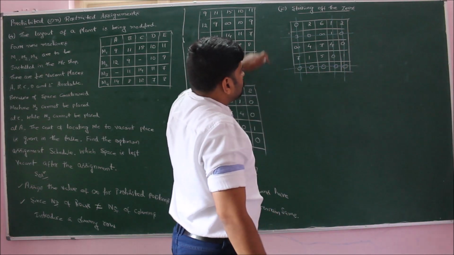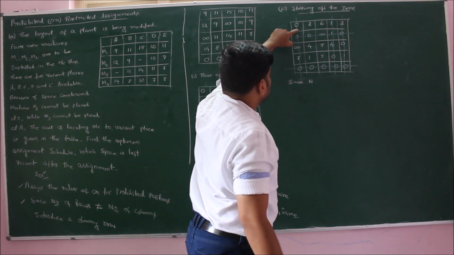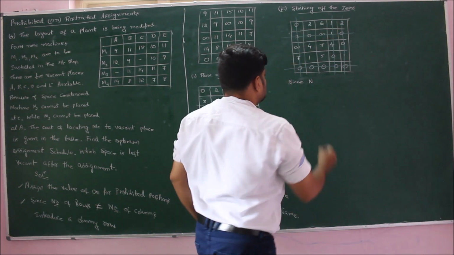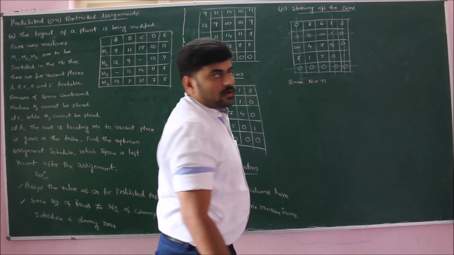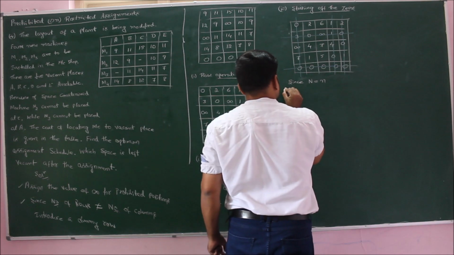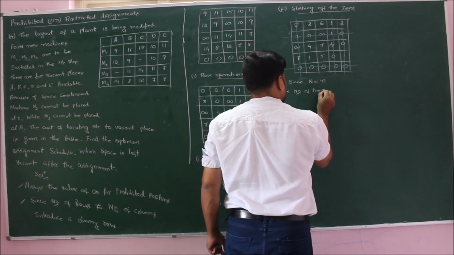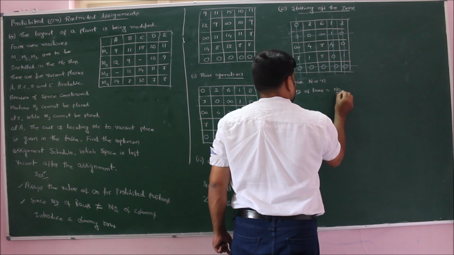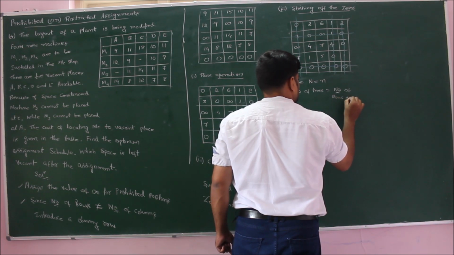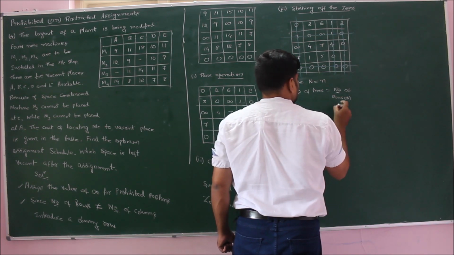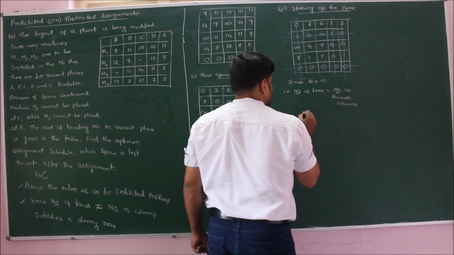So therefore, I have used 1, 2, 3, 4 and 5 lines. Since the number of lines is equal to the number of rows or columns, n is equal to n, the solution is optimal.